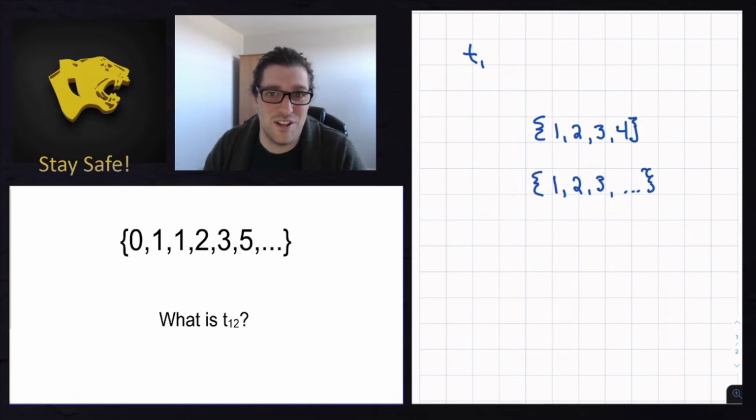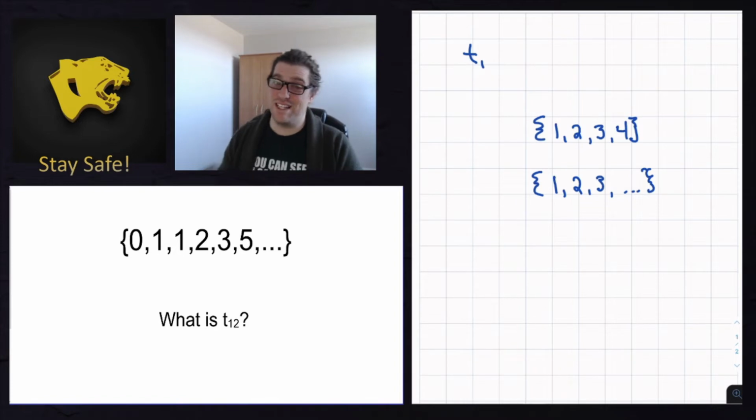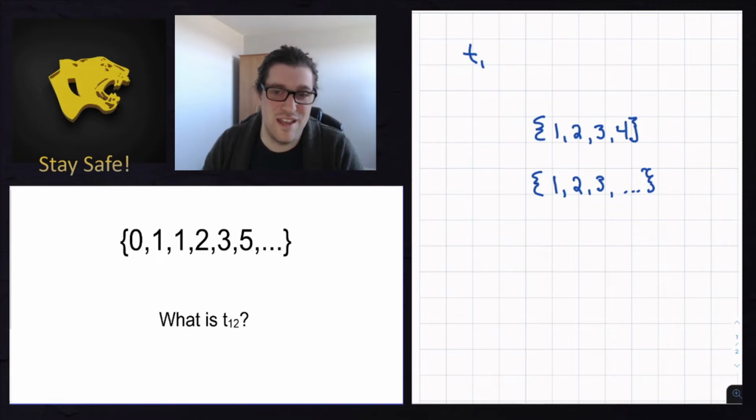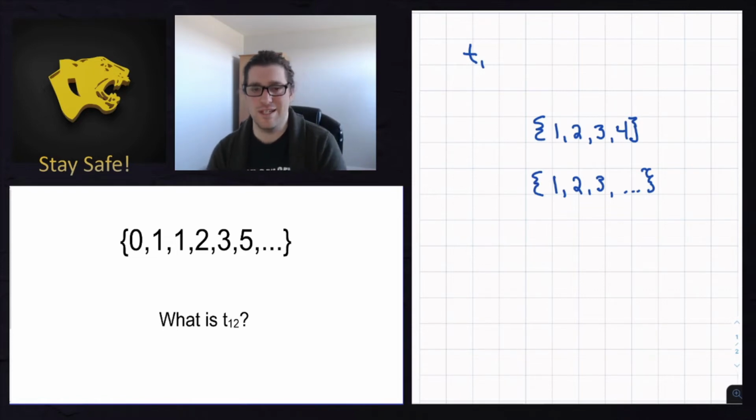Without telling you how to do it, if you want a little adventure and you haven't seen it before, pause and see if you can figure out what the next term would be, and then from there figure out the one that would be labeled as T12. So if we call the first one T1, that'd be T1, T2, T3, T4, T5, T6. Those are the ones that we can see there. If you could get T12, go for it.